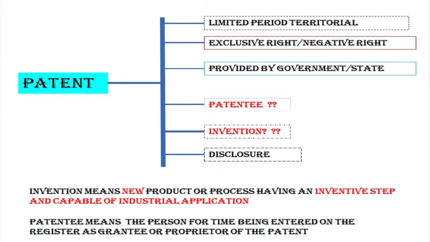Just like if I consider that I want to exclude somebody, it can be designed in a negative way, that I do not allow others to use that thing. Exclusive right can be designed in such a way that I will prevent or not allow others to use my invention.